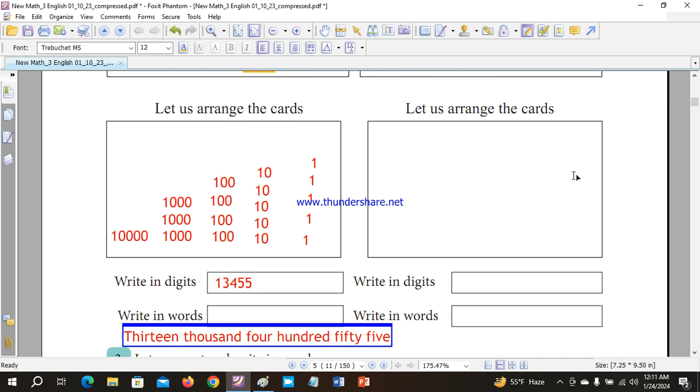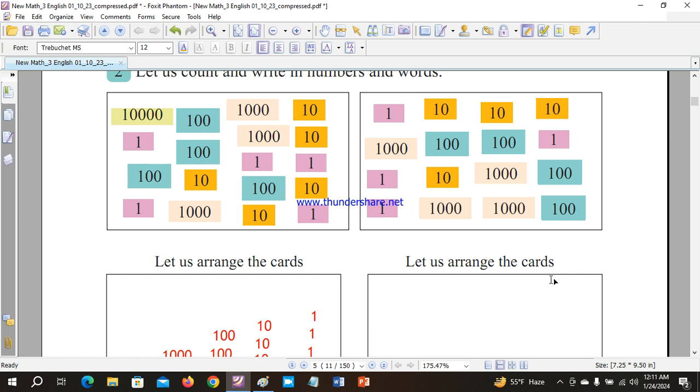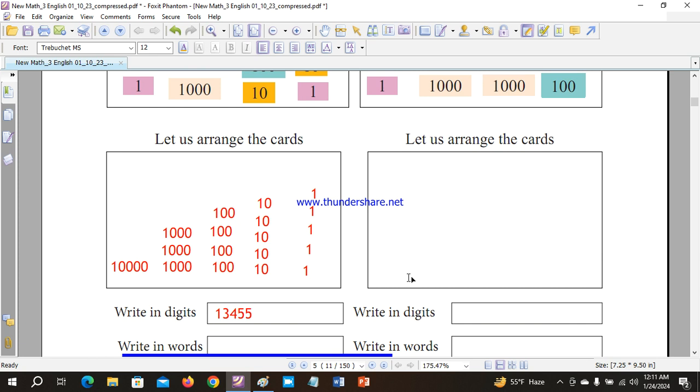13,455. And here arrange the cards very carefully. The number of 1,000s is 1 2 3 4. So we have to write 4 in the thousands place.